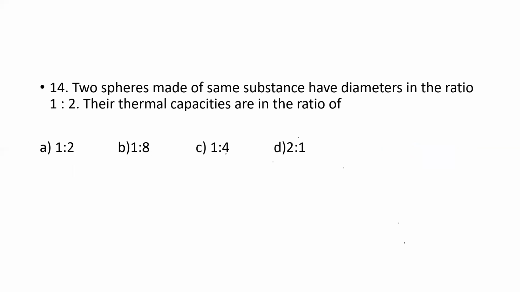Then the next question: two spheres made up of the same substance have diameters in the ratio of 1:2. Their thermal capacities are in the ratio of what? So let us solve this.